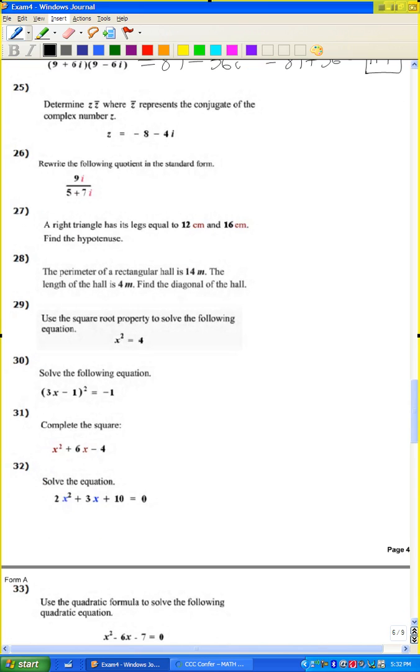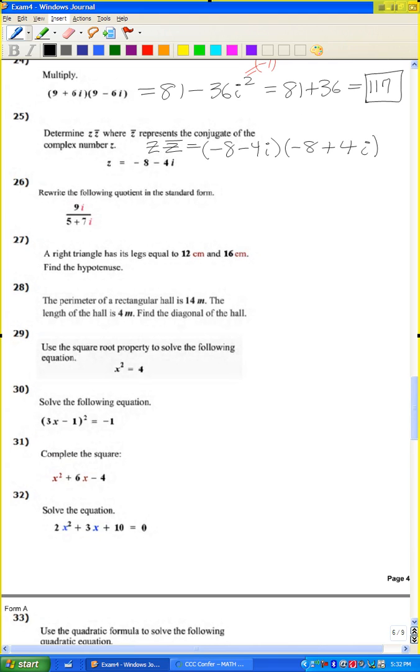Let me do problem number 25. Multiply z times its conjugate. The conjugate is just the same number, except I'm going to change the negative 4i to a positive 4i.